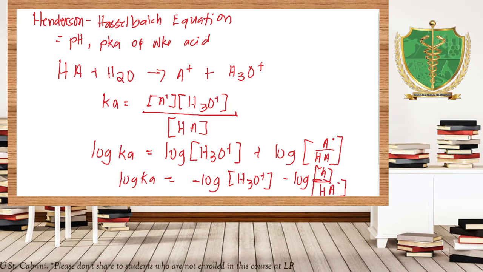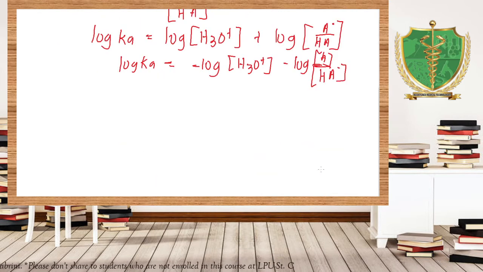Why did it become negative? Because we multiply this one by negative 1. Negative log of Ka is by definition the pKa. The negative log of Ka is our pKa. And the negative log of hydronium is our pH.